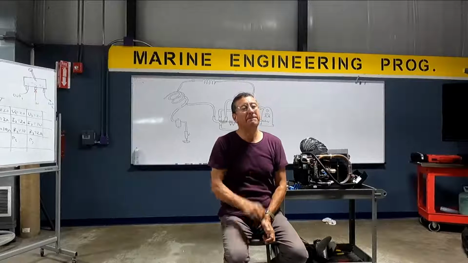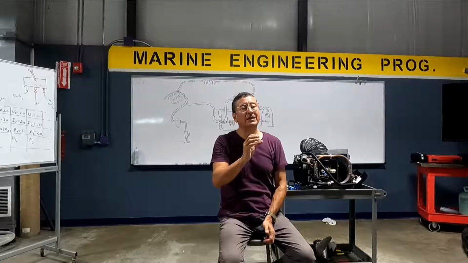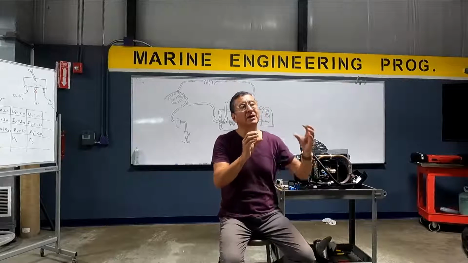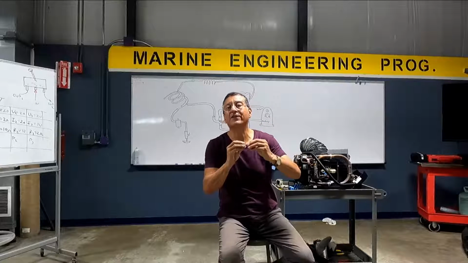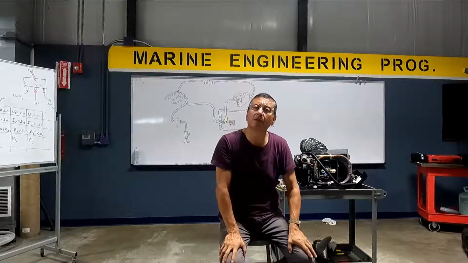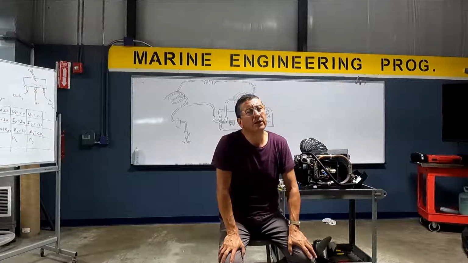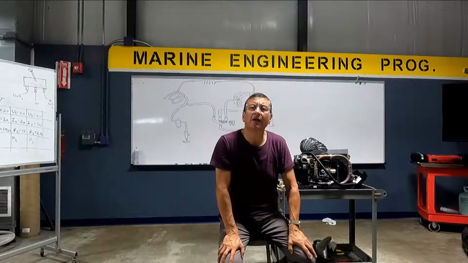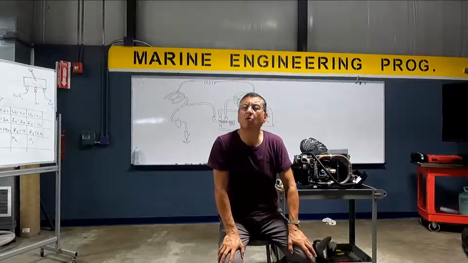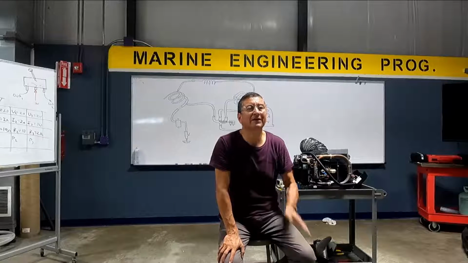Do you remember what pressure and temperature are necessary before the refrigerant enters the expansion valve? The pressure is around 180 to 200, and the temperature is around 110 degrees Fahrenheit, you remember?